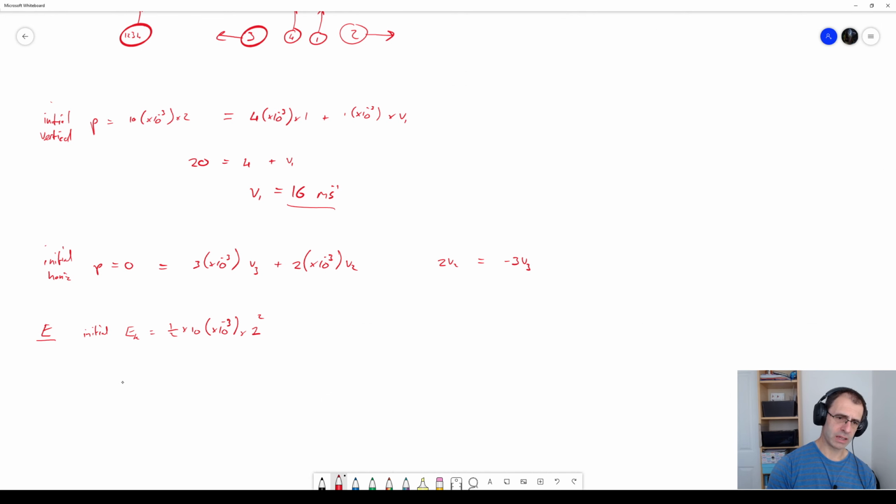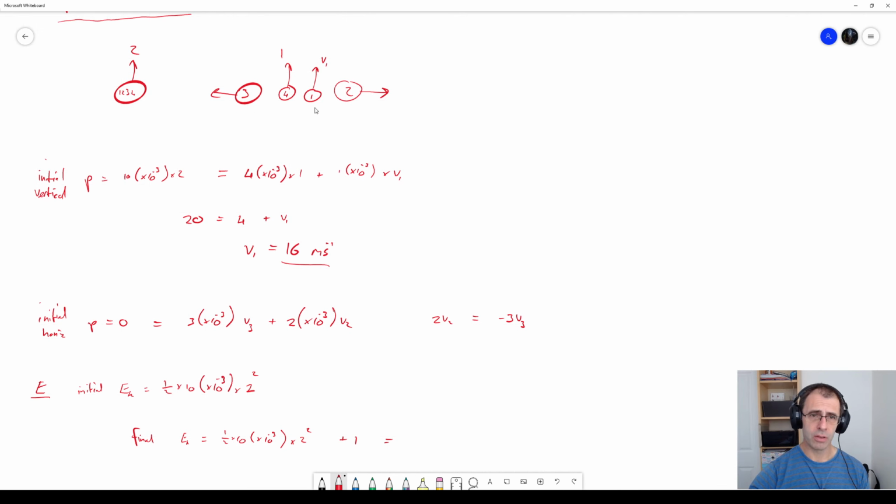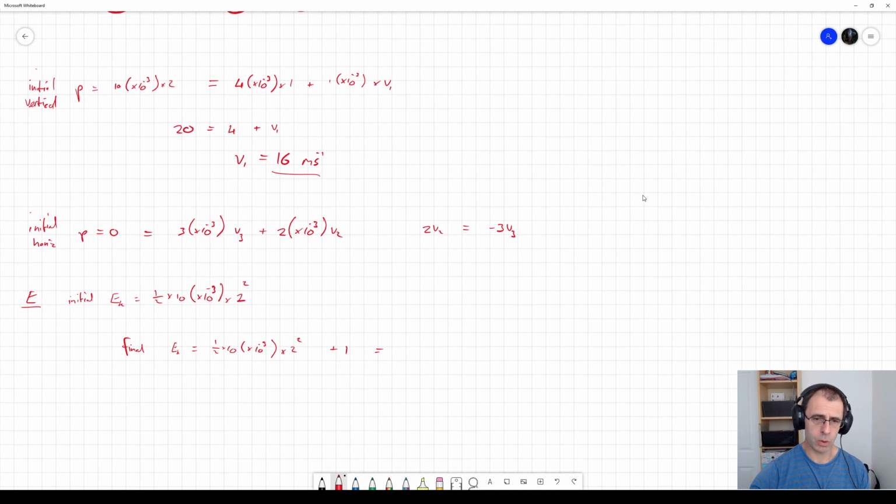So therefore I can say that the final energy must be equal to this, so a half times 10 times 10 to the minus 3 times 2 squared plus 1, and that must be equal to the sum of the kinetic energies of these fragments of the firework.